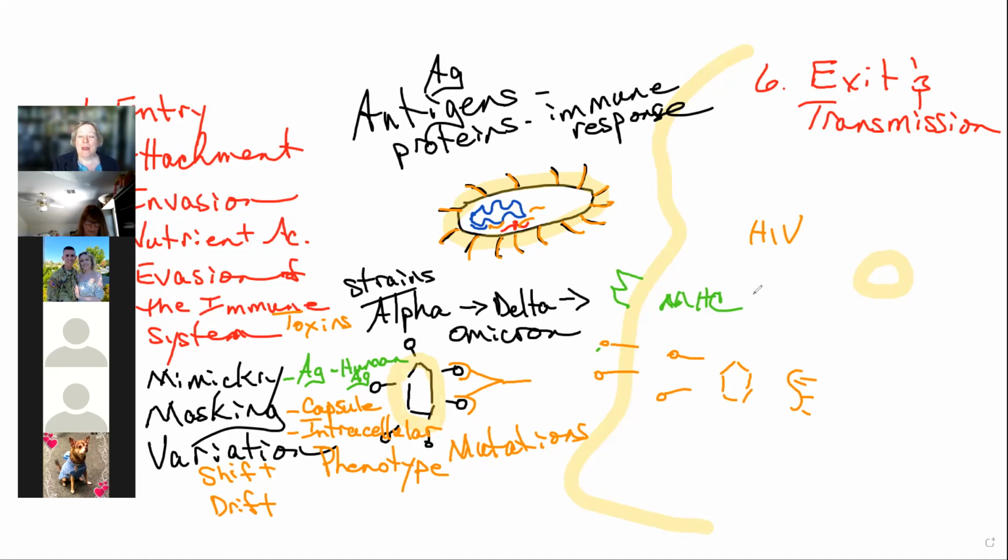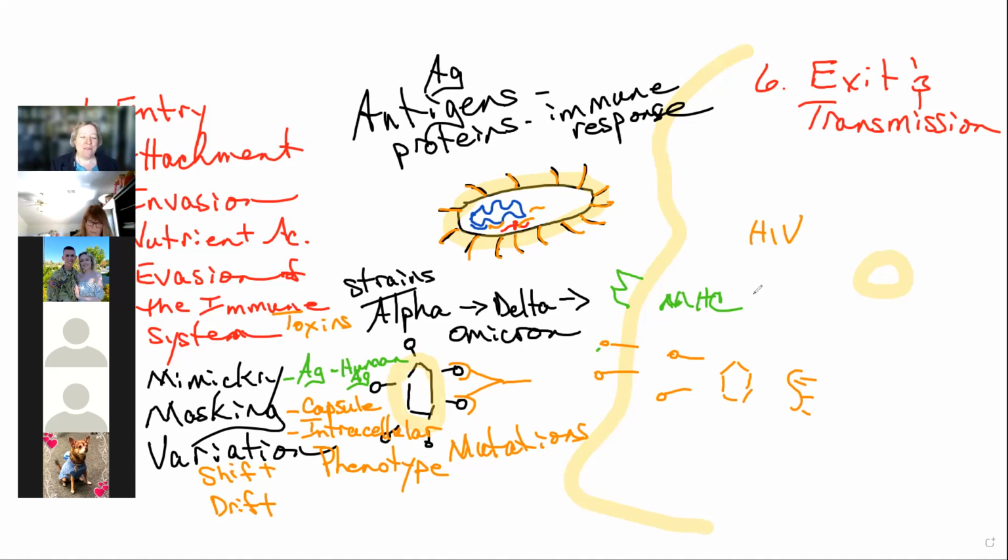So if I am a respiratory pathogen, how am I going to get out? A sneeze. Yes. We're going to go out the same way we came in, just more explosively.